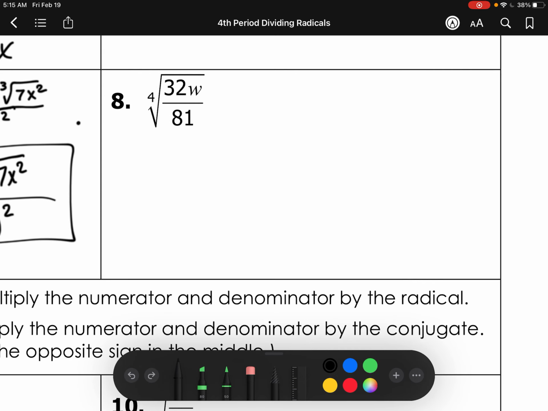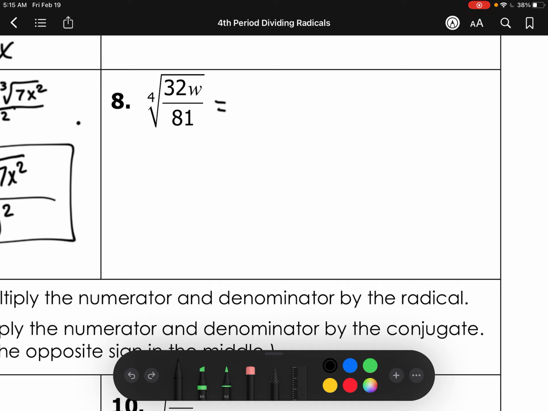Next we have number 10, the fourth root of 32w divided by 81. I can't divide 32 by 81 evenly, so I need to change this into our other form. And I realize that because 81 is a perfect fourth, right? However, 32 is not a perfect fourth, but it could be evenly divisible by a perfect fourth.